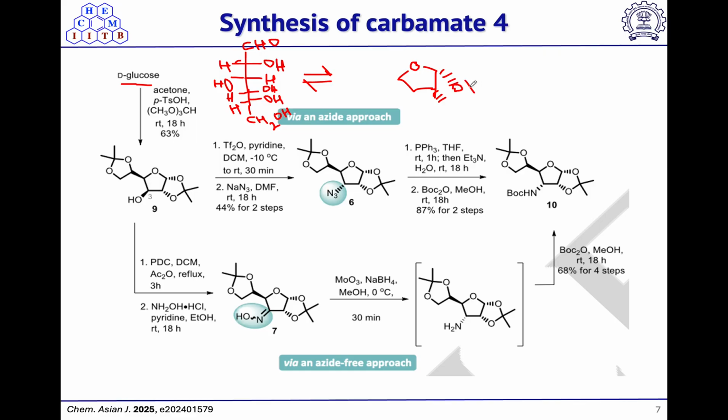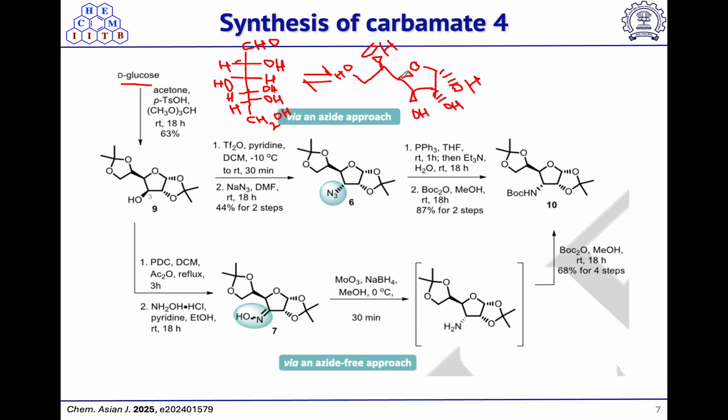OH. This is carbon number one, number two, number three is beta, then number four, five, six. So this is the OH, again beta carbon, and this is the CH2OH, and this carbon is beta.